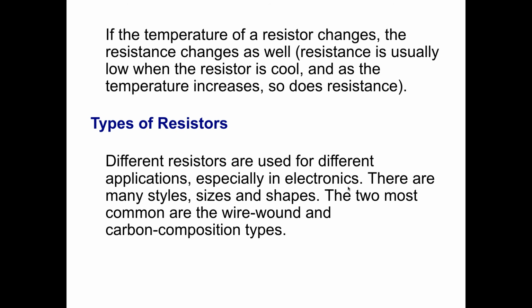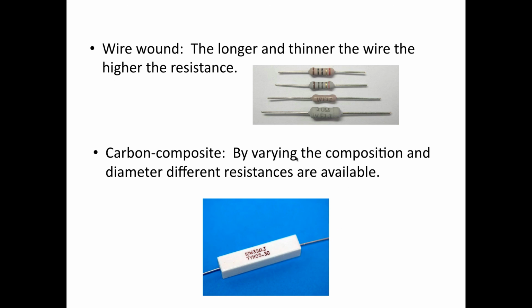The two most common are the wire wound and the carbon composition types. The wire wound ones, which you may have seen, the longer and thinner the wire, the higher the resistance. And as I said, even these color bands will indicate some difference and variety in those resistors.